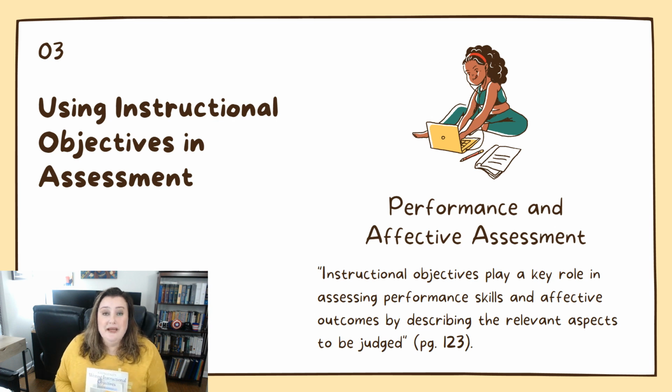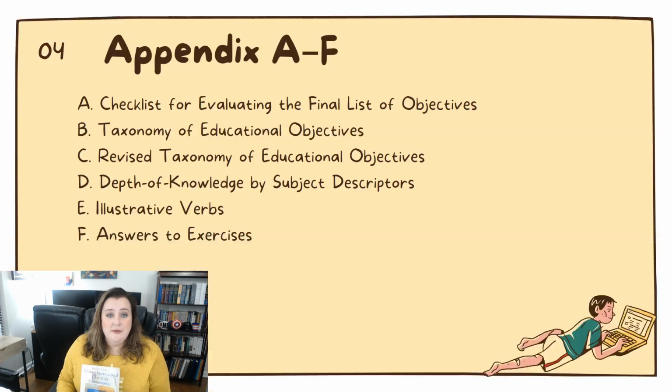So if we've created an instructional objective and we're using that then to gauge what our students have learned, we're going to have this very organic nature where we're using that objective as part of our assessment. The same with performance skills, and affective really could be said as well as cognitive. So that was really helpful for me in that section.